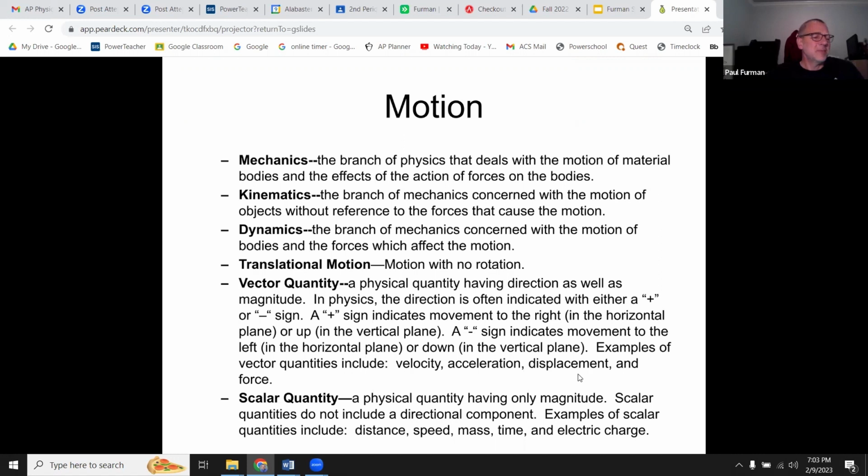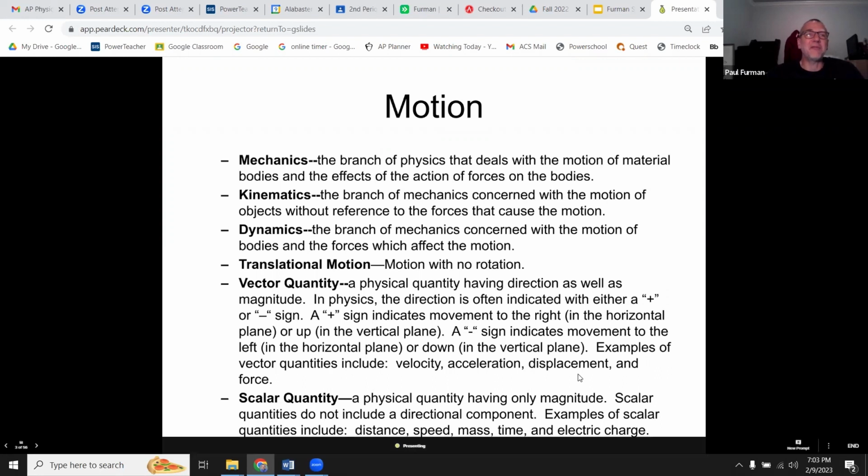You may see a question at some point that talks about the difference between distance, which is a scalar quantity, and displacement, which is a vector. And the way I generally describe the difference between distance and displacement is, if I travel 3 meters forward and then 1 meter back, I traveled a total distance of 4 meters, but my displacement would only be 2.